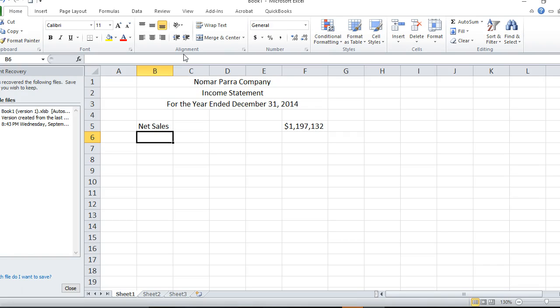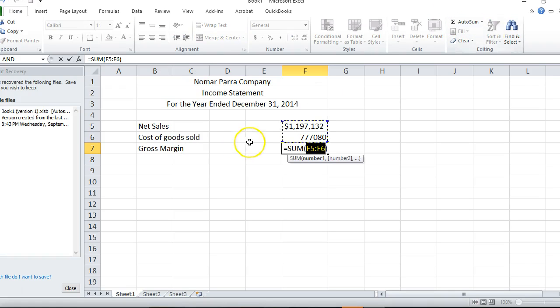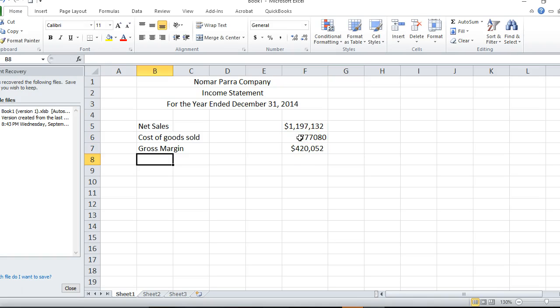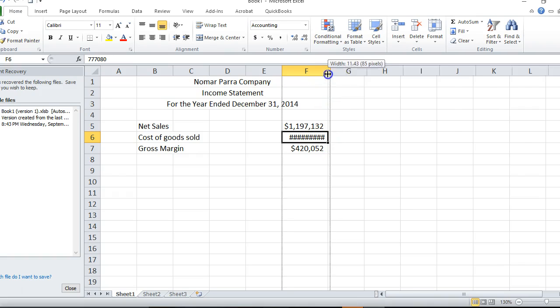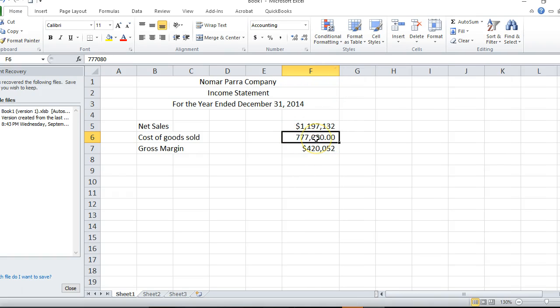We're going to break out net sales minus our cost of goods sold is $777,080 to give us our gross margin of the difference, or $420,052, right?